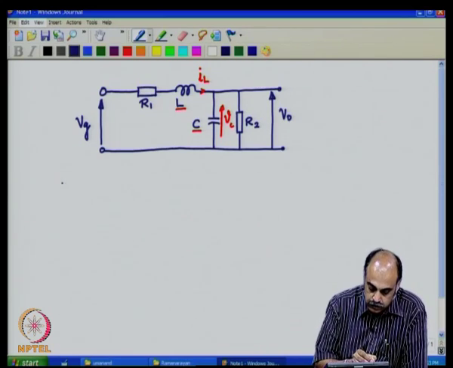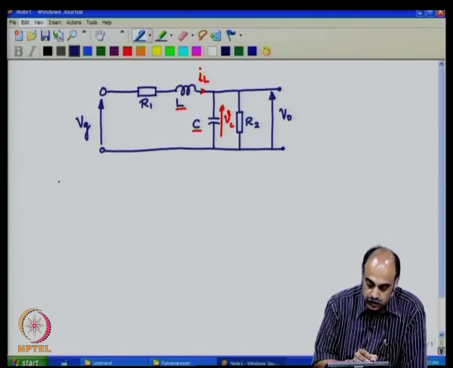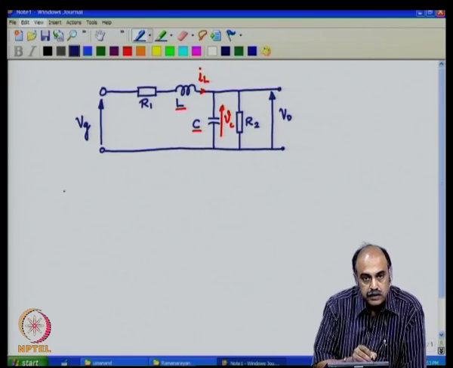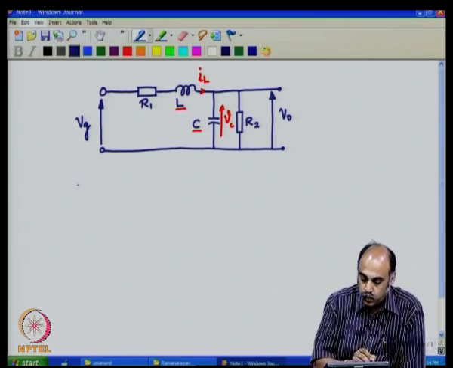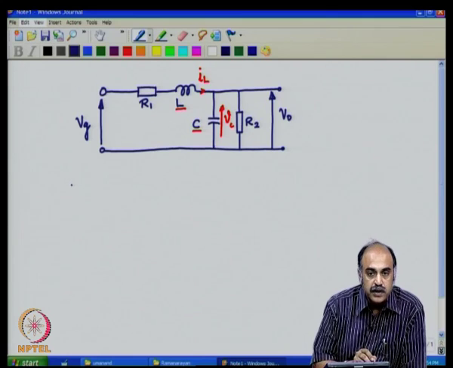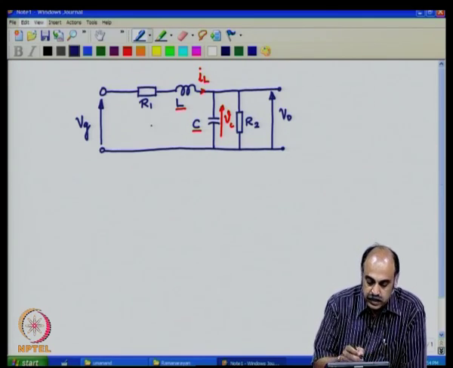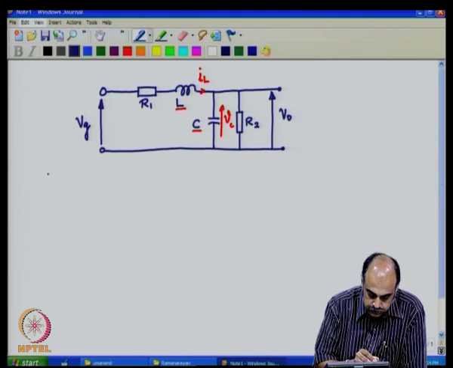Now, according to our step listings, the next task after having listed down the variables is to start writing down the differential equations, one dynamic variable by dynamic variable. So, starting first, let us say with the inductor L.